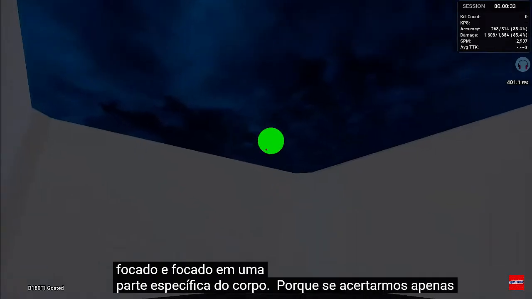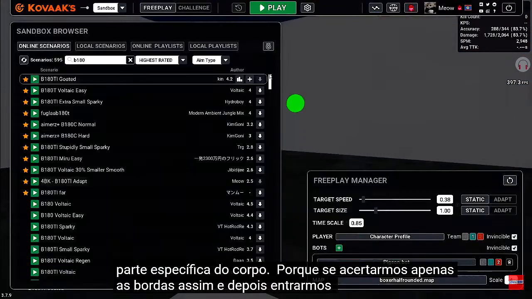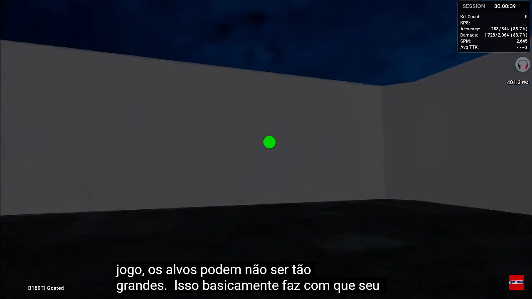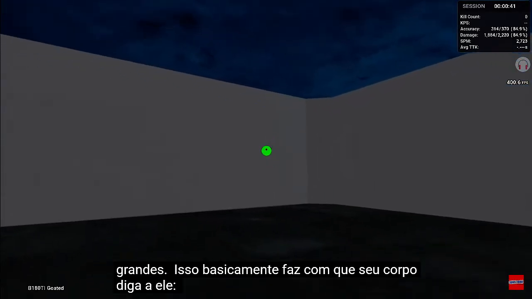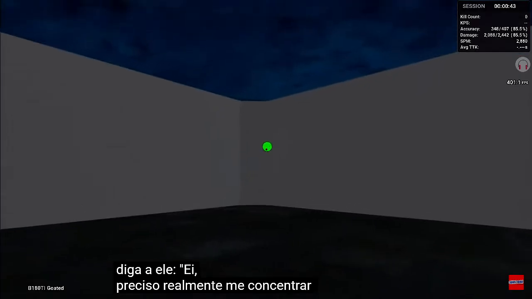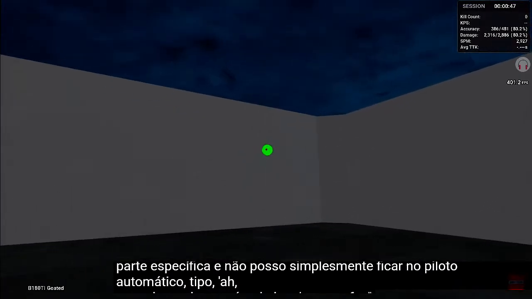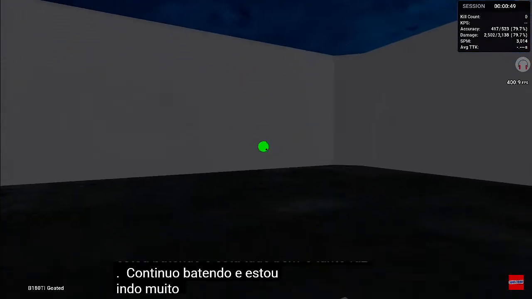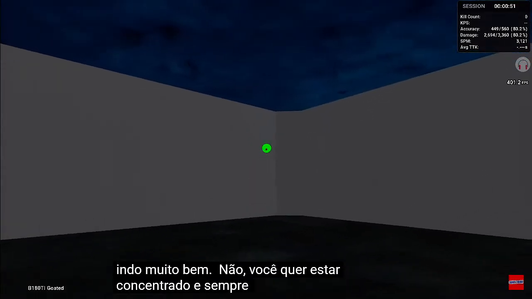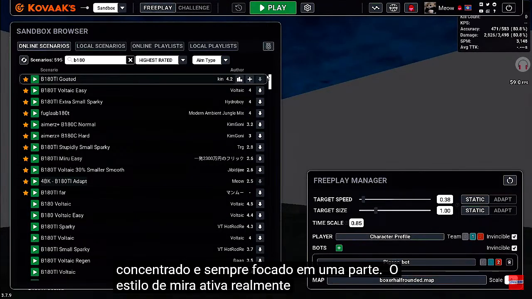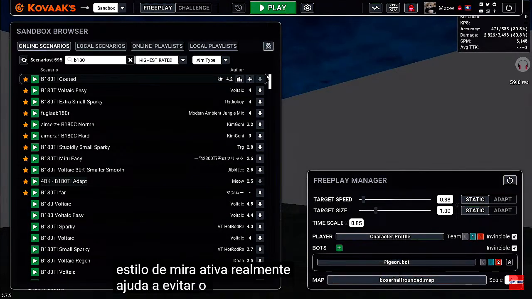Because if we're hitting just the edges like this, and then we go into our game, the targets might not be this large. This essentially tells your body, hey, I need to really focus up on this specific part, and I can't just autopilot, thinking oh, I'm still hitting and I'm doing great. No, you're going to be locked in and always focused on one part. This style of active aiming really helps to avoid autopiloting.